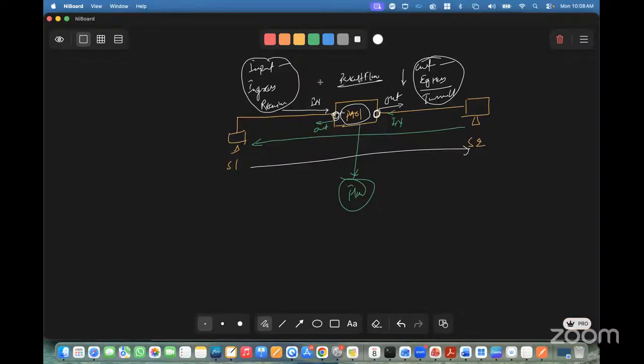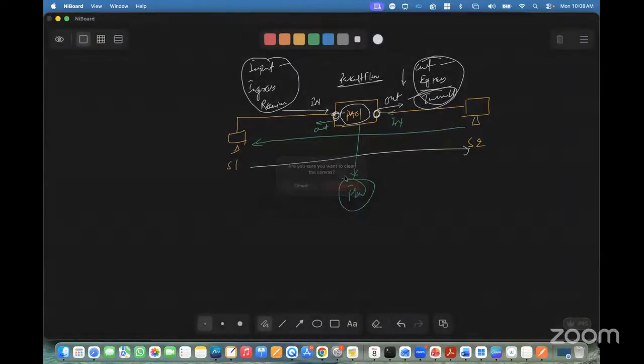So if I use words like input, output, just think I'm talking about the incoming packet, outgoing packet. If I use the names ingress, egress, think I'm talking about the incoming packet, outgoing packet. Ingress is incoming, egress is outgoing. Receive is also incoming, and transmit is also outgoing.